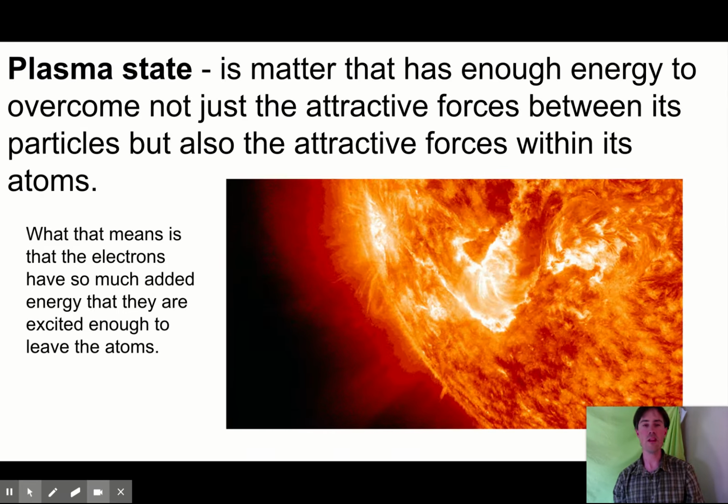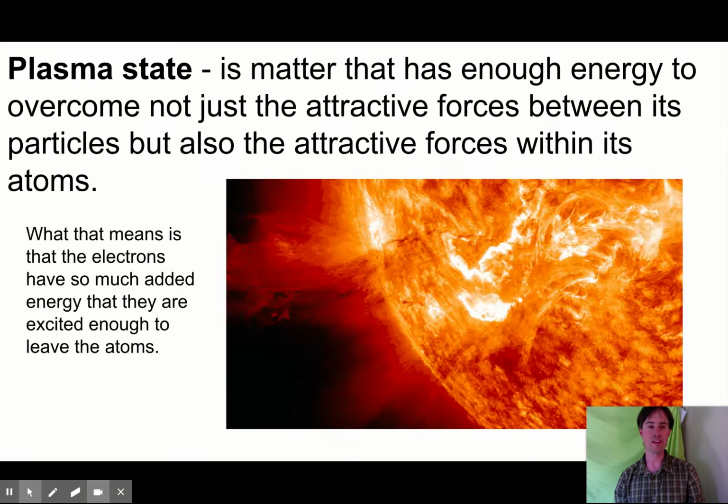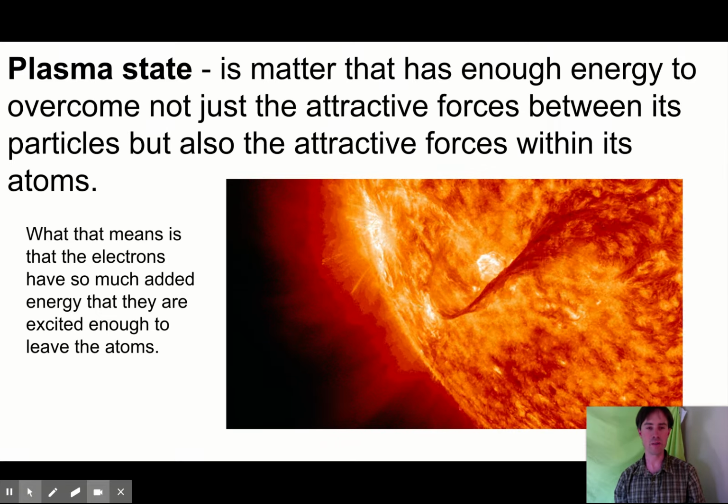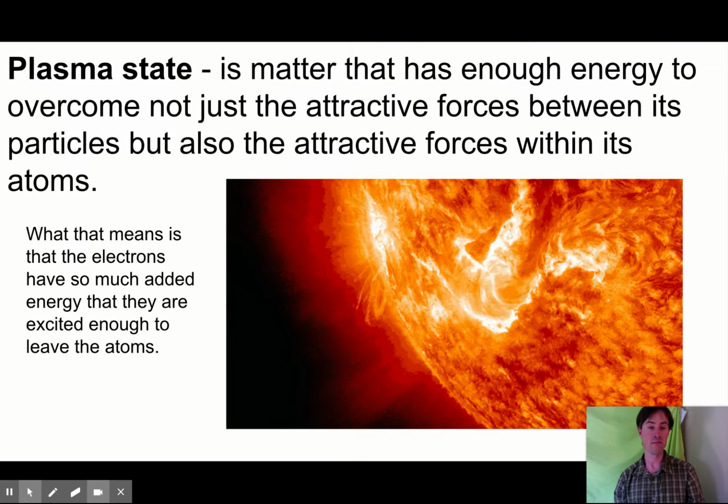Okay, but another state of matter is actually the most common state of matter in our universe: plasma.